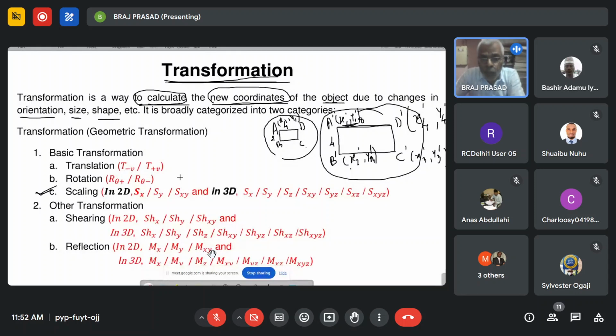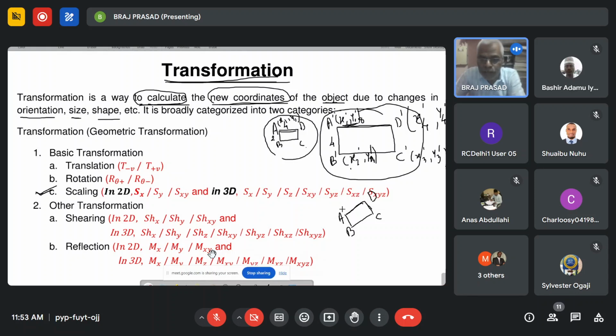And if we want to rotate this ABCD, for example rotated like this at a 45-degree angle clockwise, then the ABCD becomes this one. Due to rotation, the coordinates of this object will again change.